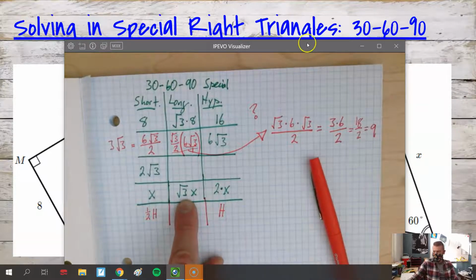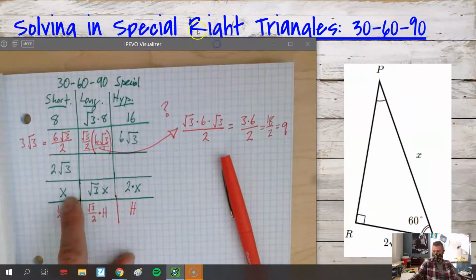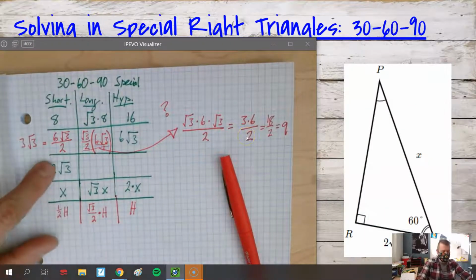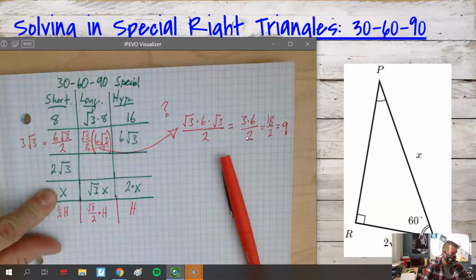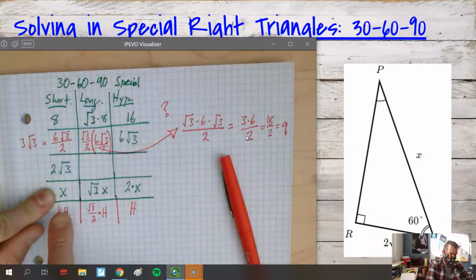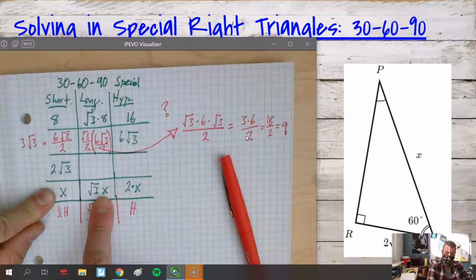Let's make sure we can solve that third one since they do give us the short one to start. So since they give us the short one to start, that's like having our x on our cheat sheet. So to get from our short leg to our long leg, what do we multiply by? Radical 3, right?